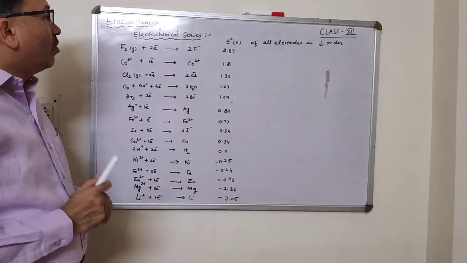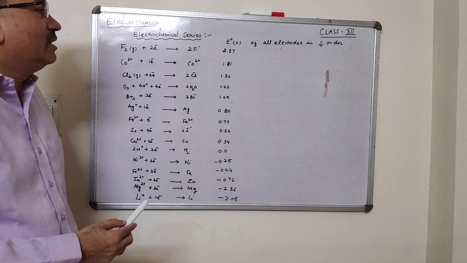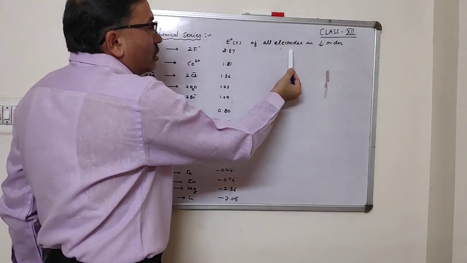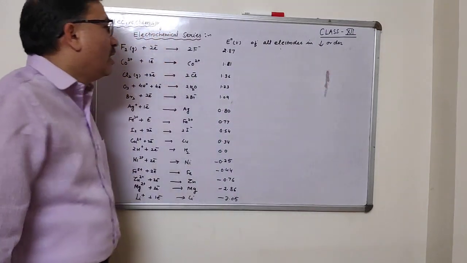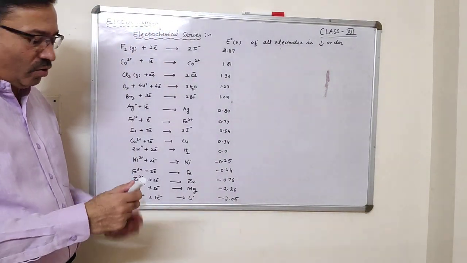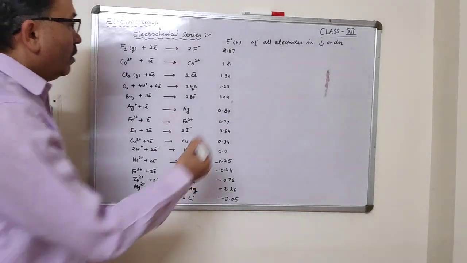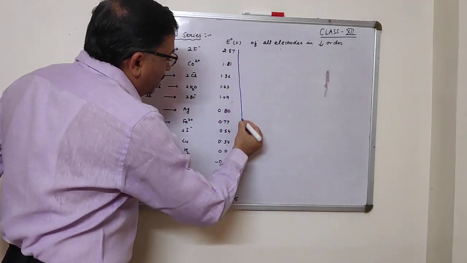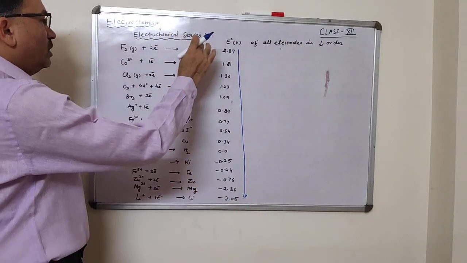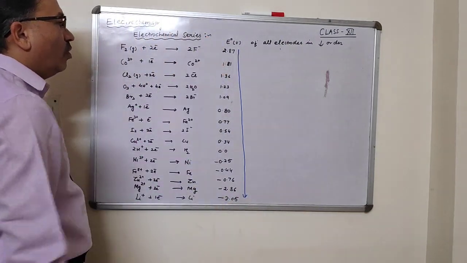So what is the electrochemical series? When E naught of all the electrodes are arranged in decreasing order, the series formed is called the electrochemical series. These E naught values are very important for us. If you see, it is in decreasing order.